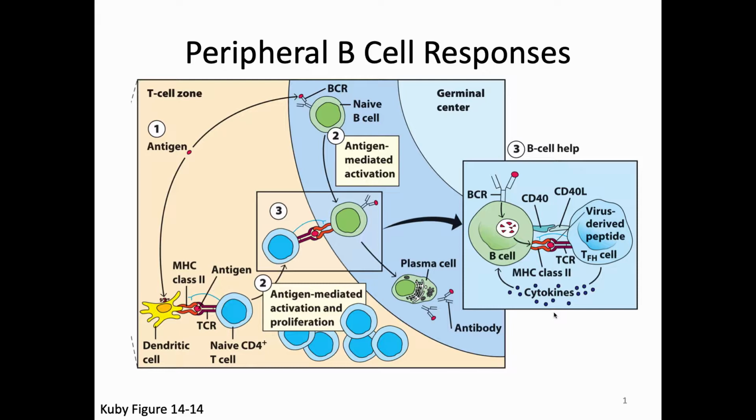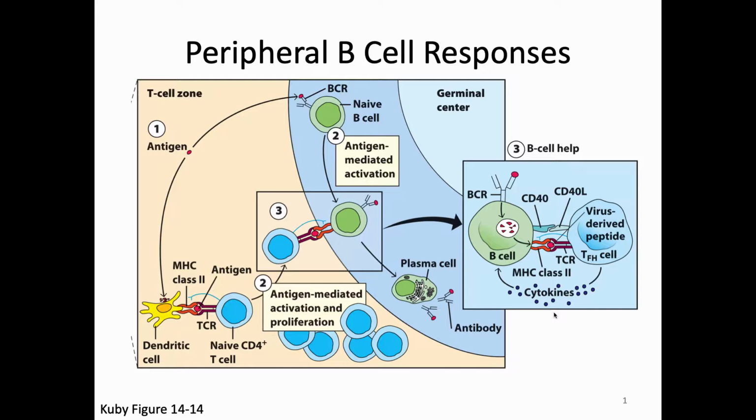So recall that we learned about ways that B cells in the periphery can become activated. Those B cells are going to become activated with an interaction with antigen, as well as with help from a CD4 helper T cell.